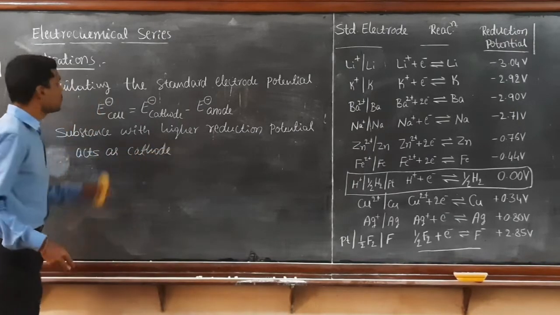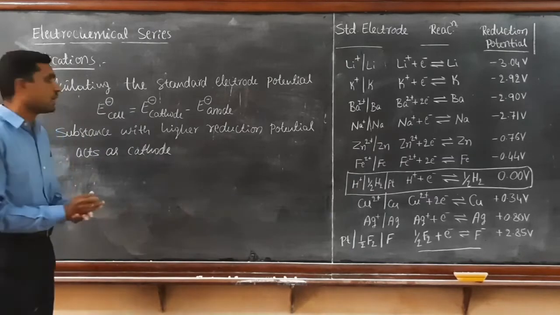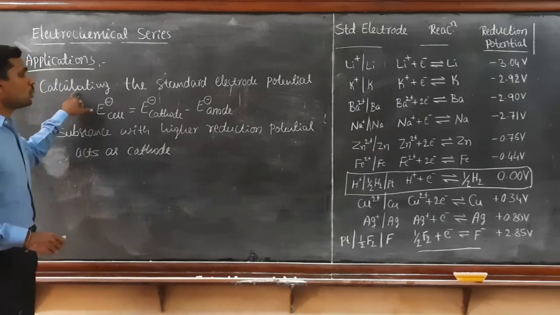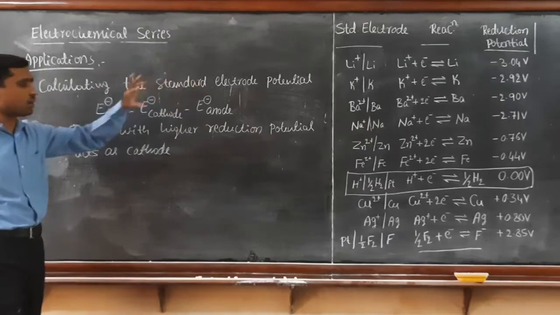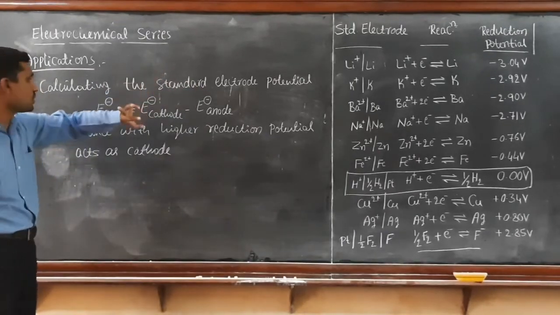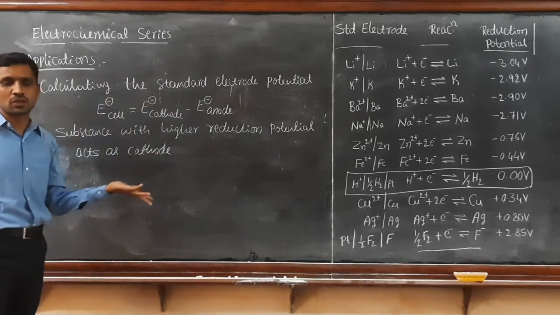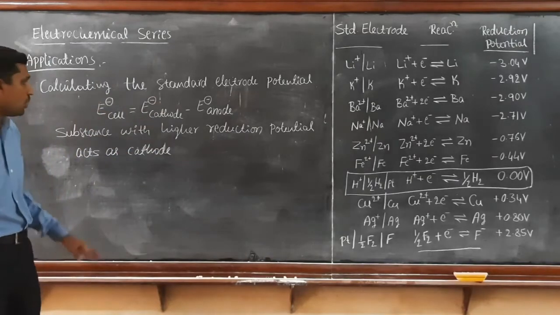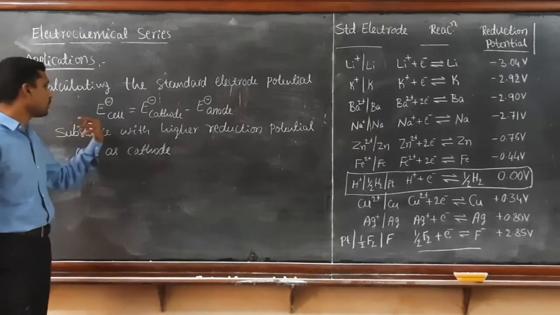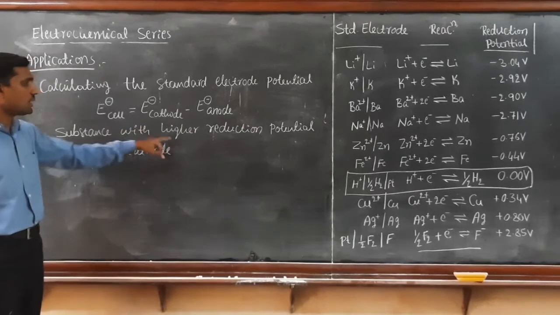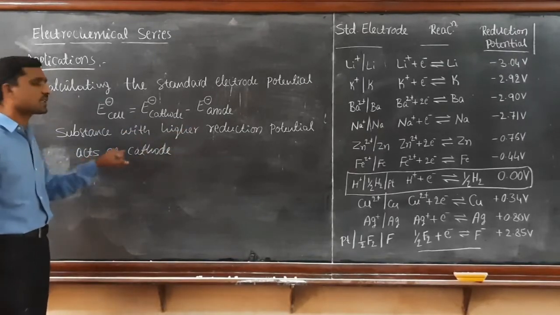Fine. So this one is the second application of the electrochemical series, that is, calculating the standard electrode potential by comparing the two electrodes in this case. Which one should be considered as the cathode and which one should be considered as the anode in this case. So you can determine the EMF of the cell. So the substance with a higher reduction potential will act as a cathode in this case.